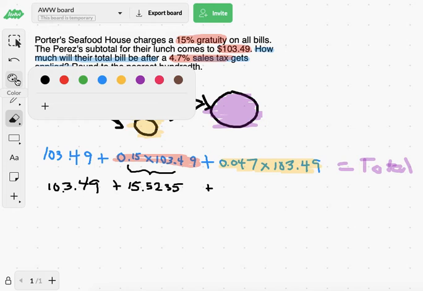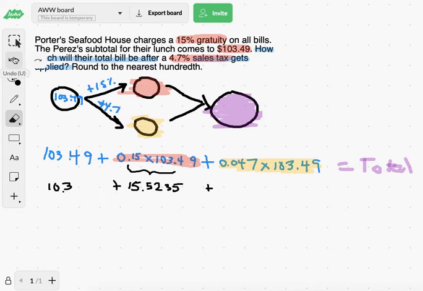There, that's a lot easier than trying to go through the other way. I don't want it to look like 2 decimal points. That would be horrible. All right, and then I have to calculate the sales tax. 0.047 times 103.49, and that is 4.846403.